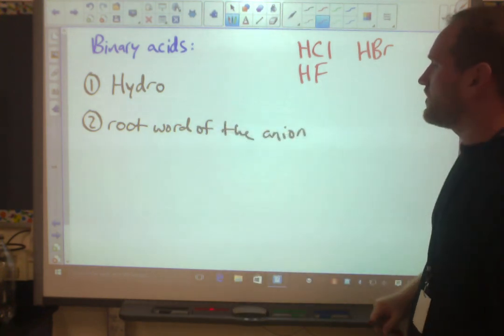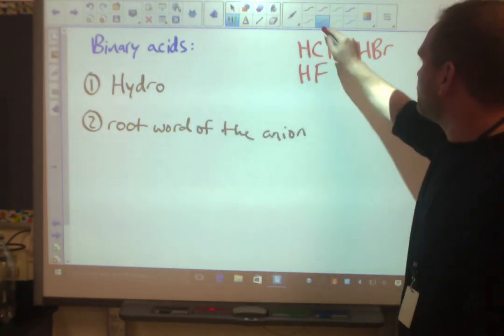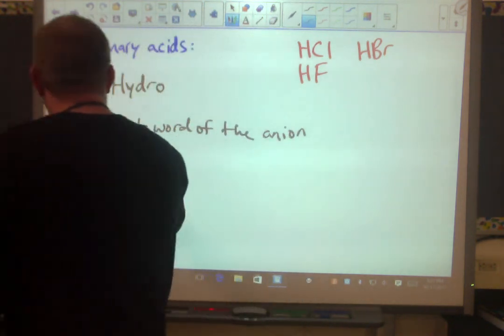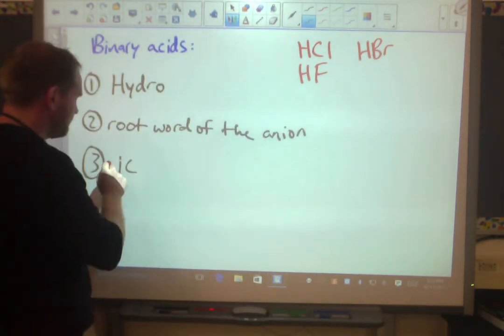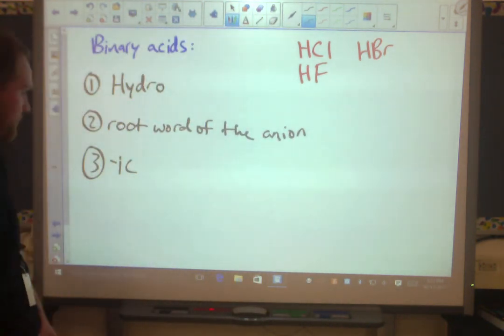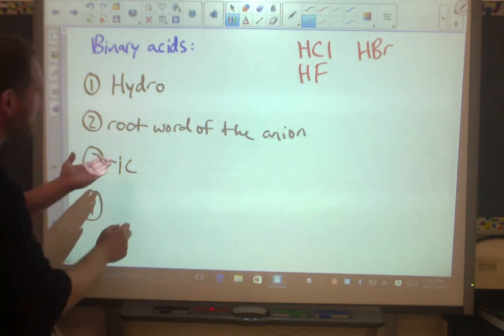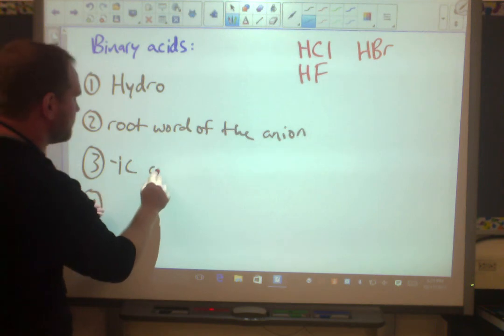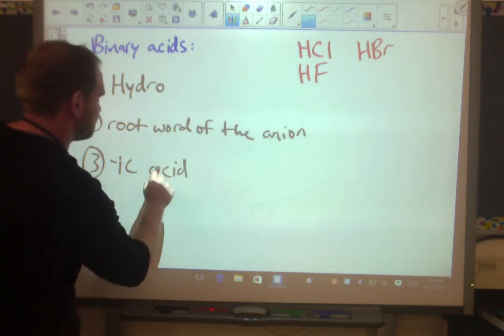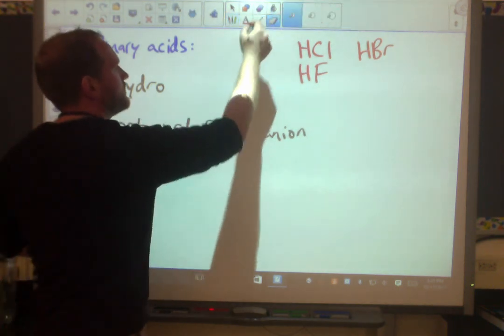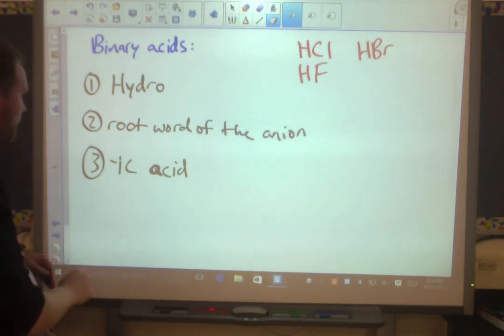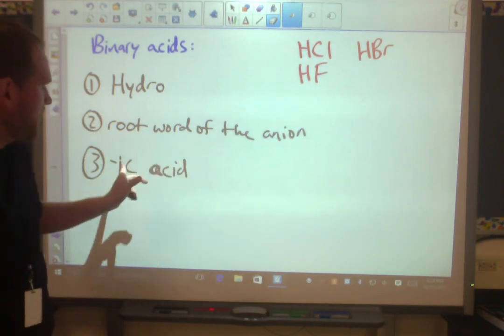Hydro plus the root word of the anion, and then at the end you add ic. They're all ic, and then 4 is acid. Or really, we should say step 3 is ic acid. So it's a simple 3-step process: hydro, root, ic acid.